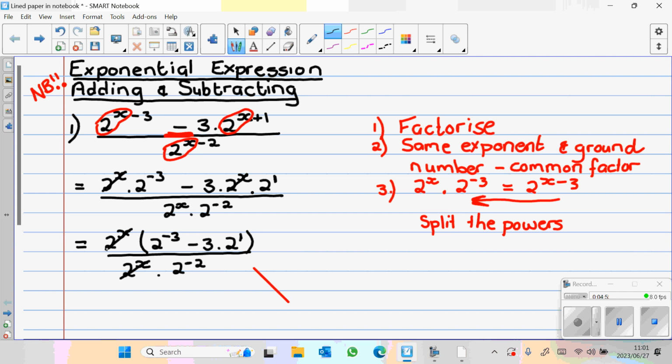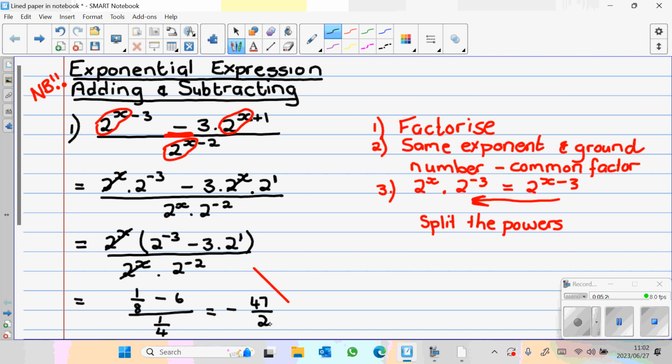And this means it is actually 1 over 8 minus 6 divided by 1 over 4. And that gives you minus 47 over 2. I obtained that answer by making use of my calculator.